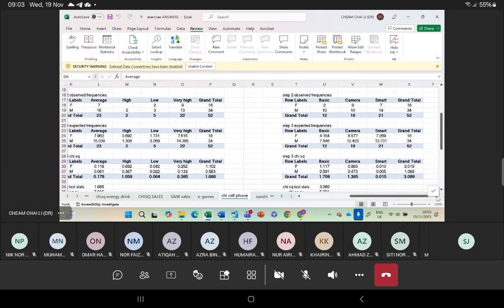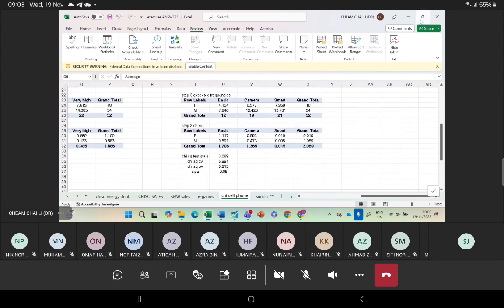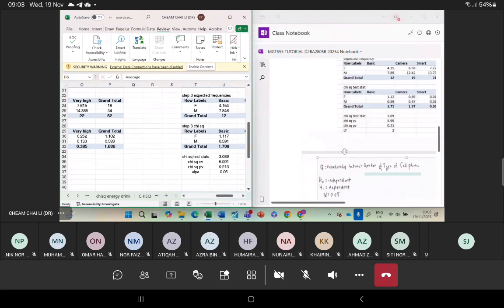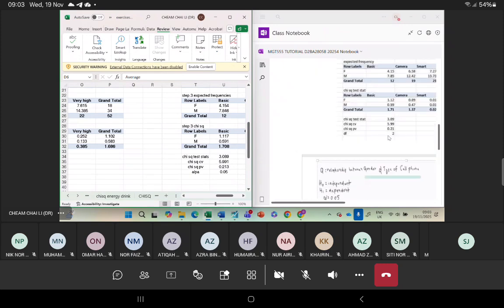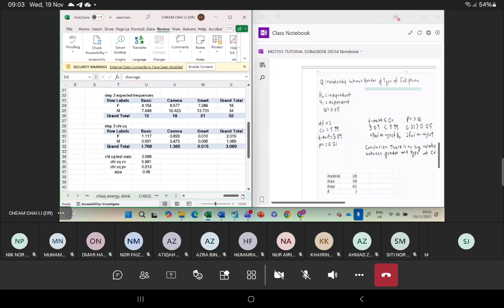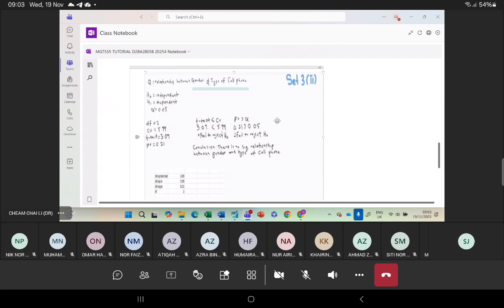I think this is type N. Let's check whether I got it. Sama dengan yang Umar tak? Yeah. So 5.99. So based on this, decision is to not reject.